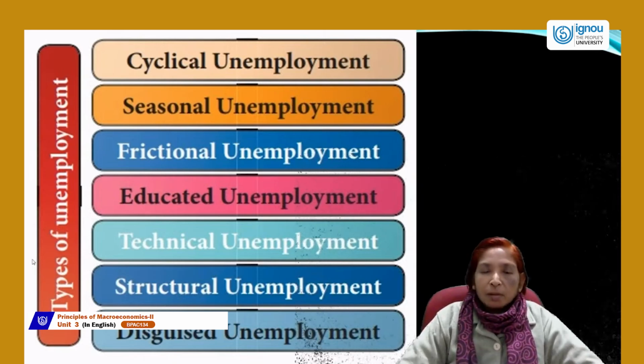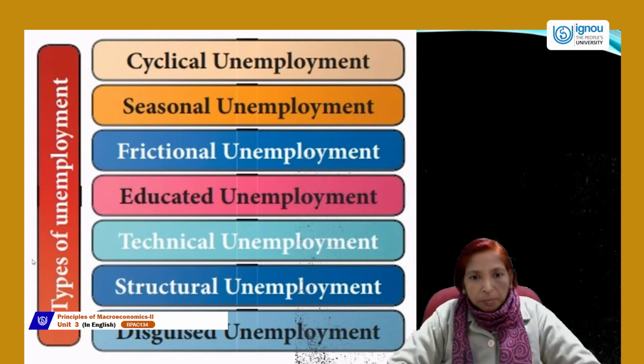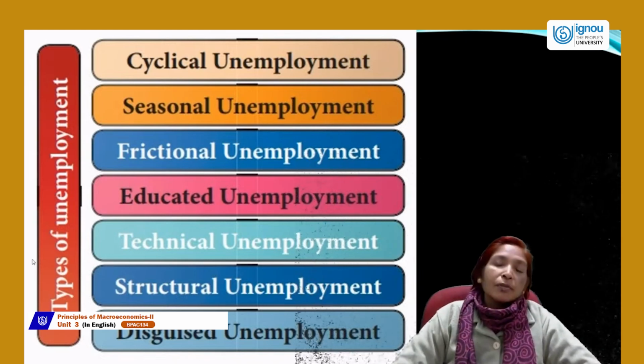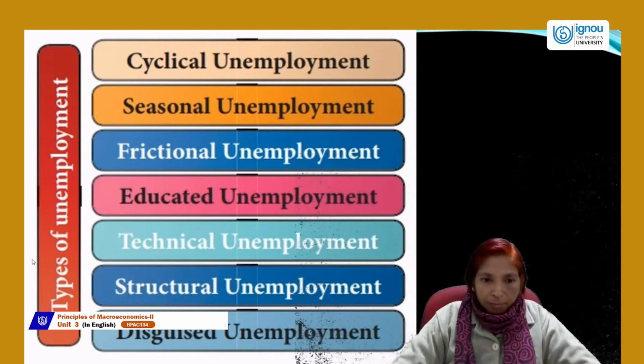So that type of unemployment we can see everywhere, where at present people are getting more and more educational facilities and getting higher education, but they are not getting job opportunities according to their qualification or their knowledge. That's why this type of unemployment exists.